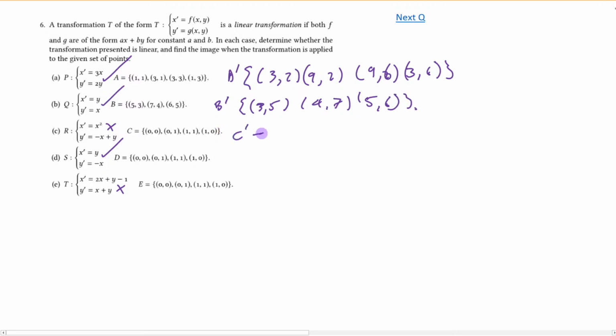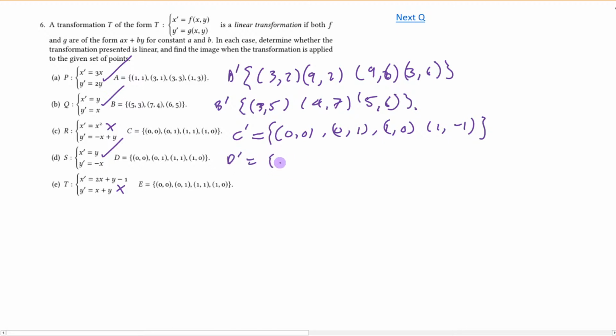C dash would equal 0, 0, 0, 1, 1, 0, 1, and sorry, I'm just going to check my handwriting. So it's going to be 1 minus 1. Sorry, I did some answers already, but I just couldn't read my own writing there.